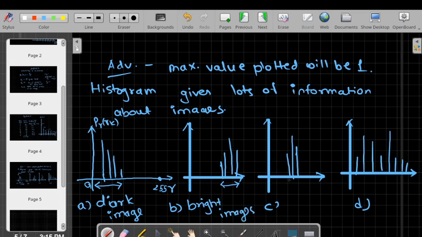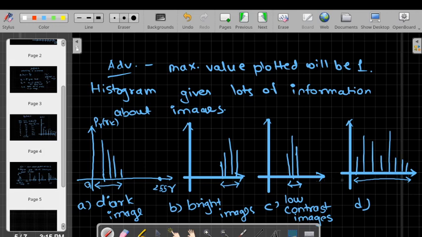In the third case, it is having a limited range for the grayscale, and images having such a histogram are called low contrast images.